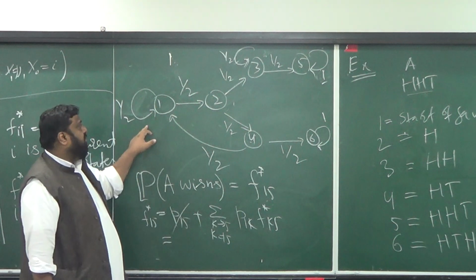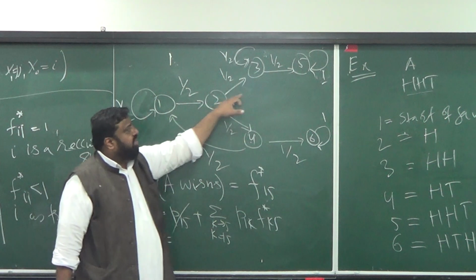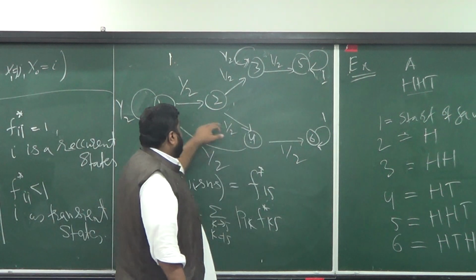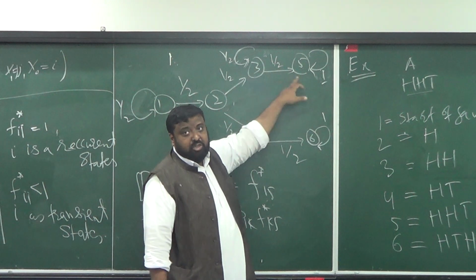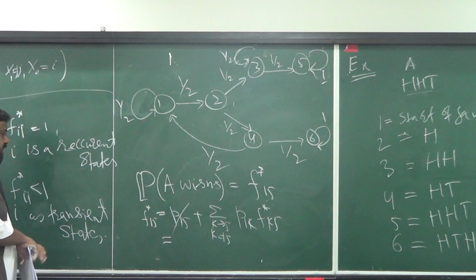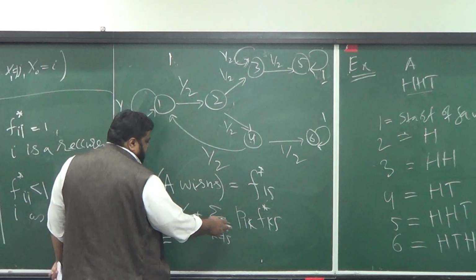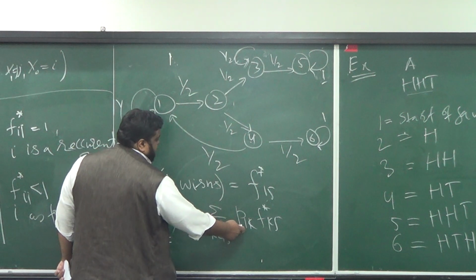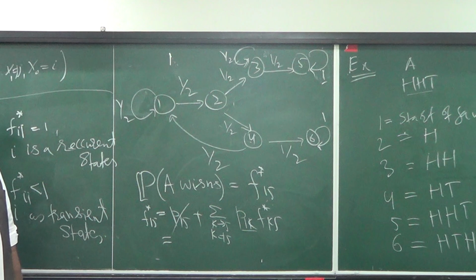So in other words, I can reach from 1 to 5, from 4 to 5, from 2 to 5, and from 3 to 5. You just have to think about which of these probabilities are non-zero out of these 1, 2, 3, and 4.